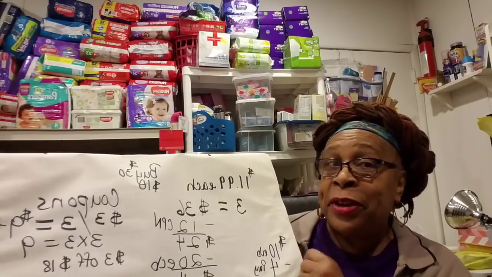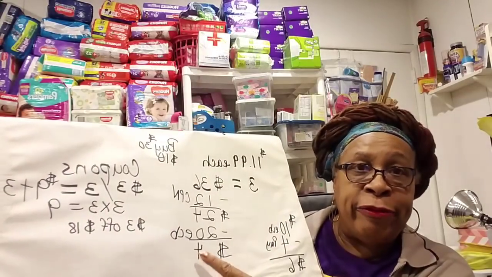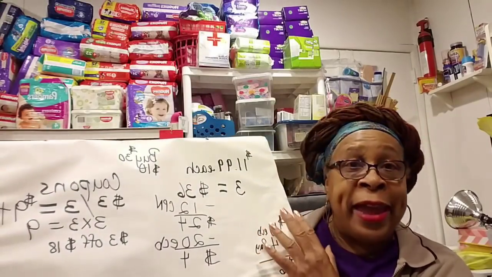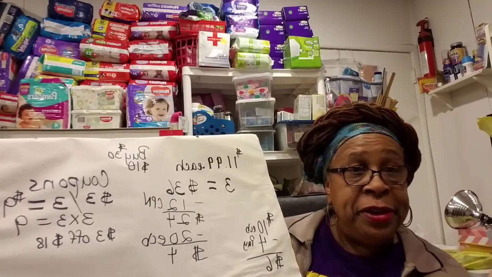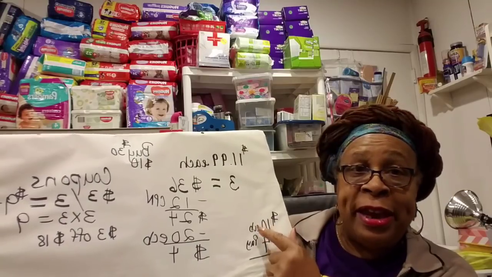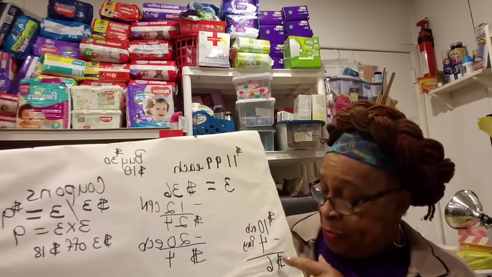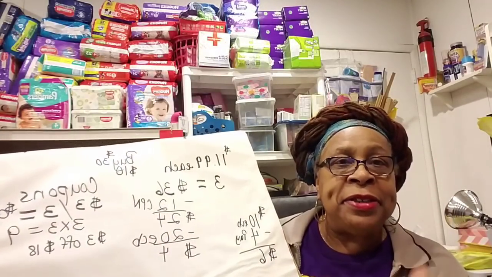But I had extra care bucks, so I was able to use it. So that left me having to pay out of pocket $4. I got back $10 in extra care bucks for having bought 3 of the Nexus product. So when I subtracted the 4 from the 10, it left me 6. So I made $6 on this transaction.